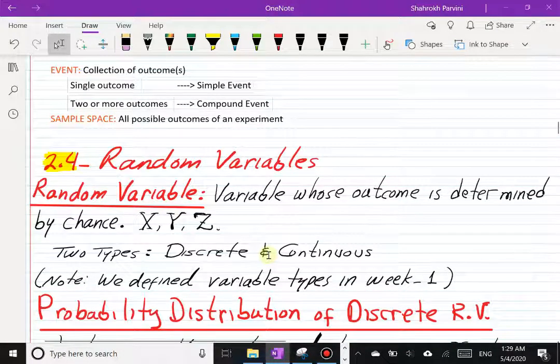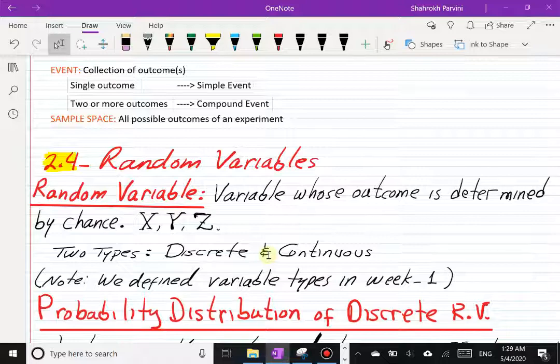So now let's talk about the probability distribution of discrete random variables. In section 2.4, we're looking at discrete random variables, and in chapter 3, we look at continuous random variables.